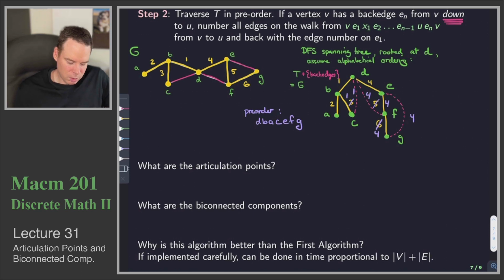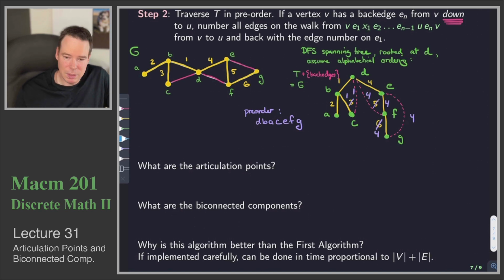We've processed all our vertices in that preorder traversal, and now we've just got a bunch of labels on our edges. What are the articulation points? Well, if I look at my graph, the articulation points, we already know this from before. B is an articulation point. But notice that B has some edges coming in with 1s, but it also has an edge with a different label, 2.